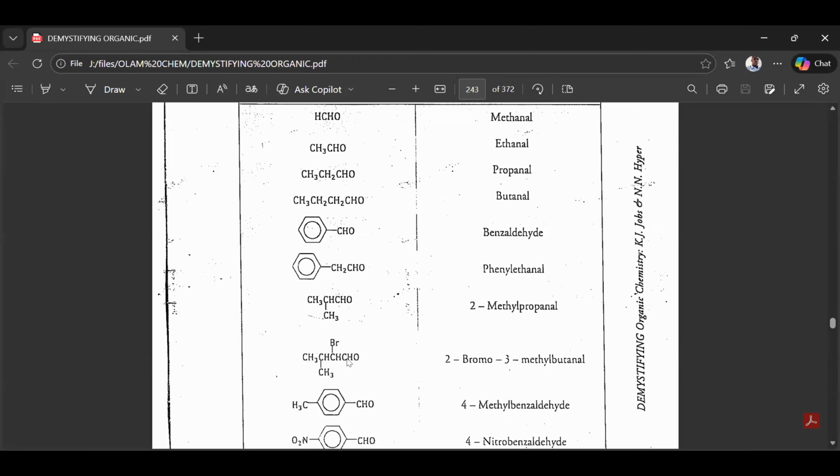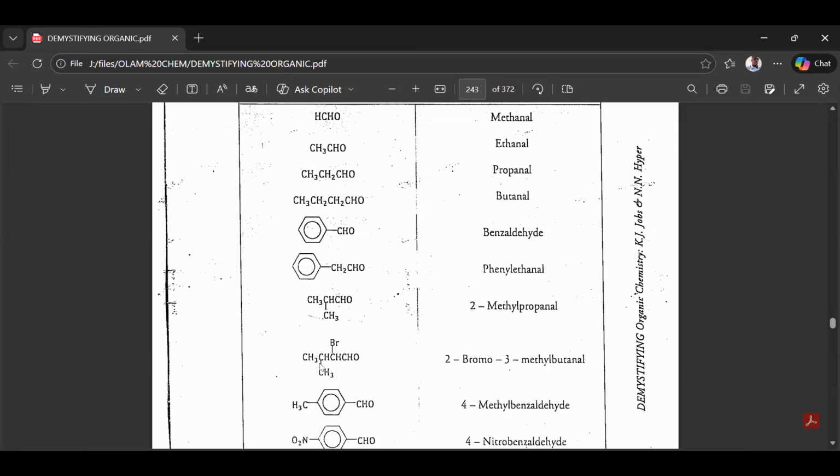So now that means we have 2 groups attached. We have a bromide atom attached, and we still have a methyl group attached.